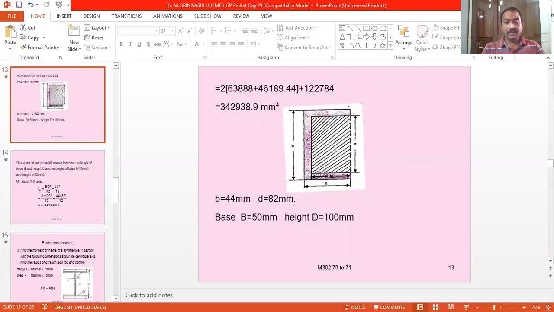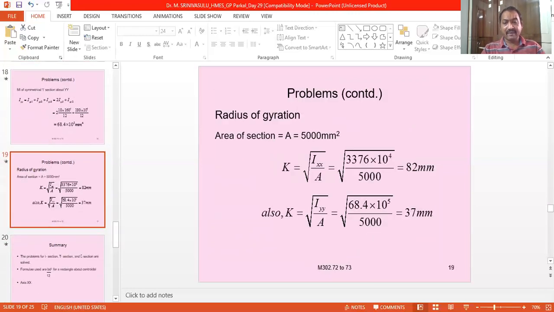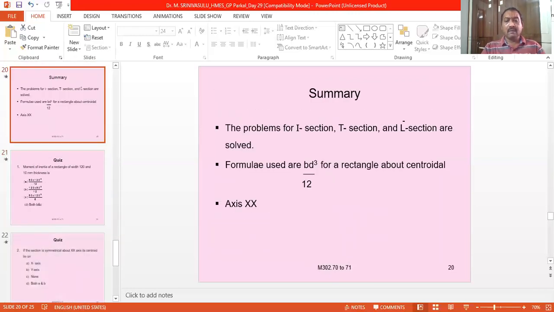And now coming to the summary part. In today's lesson, we have solved the problems on the T section, C section, and the same is also applicable for the L and Z sections.